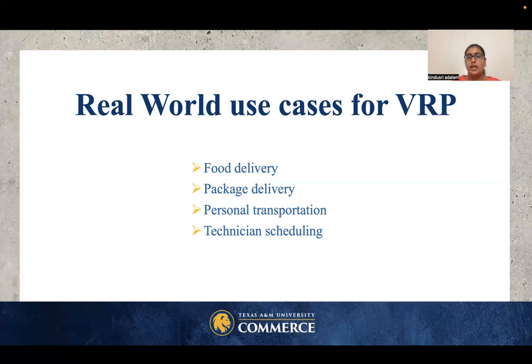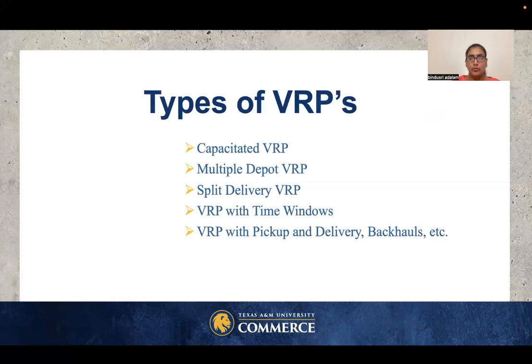Now, next, let's see the types of vehicle routing problems. First, we have the capacitated VRP, where the vehicle capacities are limited. Then we have multiple depot VRP, where the vehicle fleet is distributed over a number of depots.